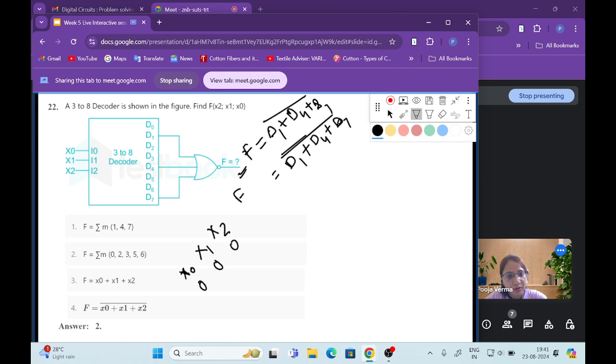Okay. So at which places the F will be high and at which places the F will not be high. Okay. So 0, 0, 0, 0, 0, 1, 0, 0.